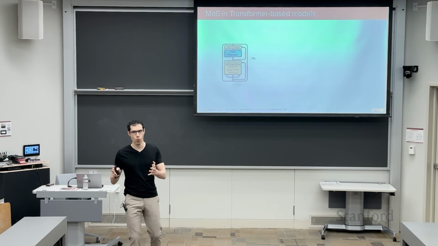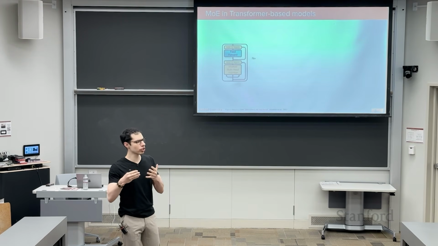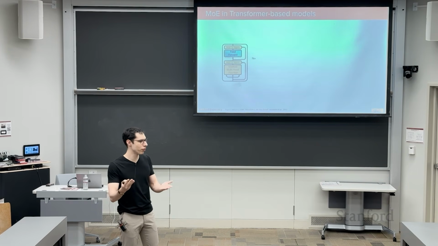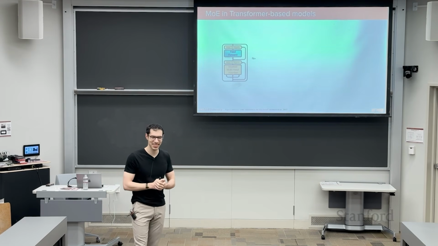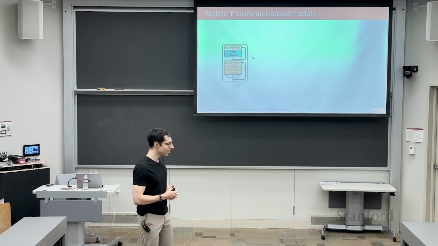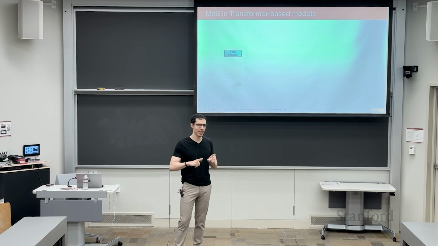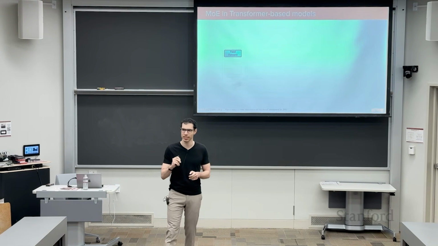Where do you think is the most complex part of the network? Where is there a lot of operations? Feed-forward? Yes. Yeah, great answer. So it's indeed the feed-forward neural network. The reason for that is, I think Shervine mentioned it in lecture 1.